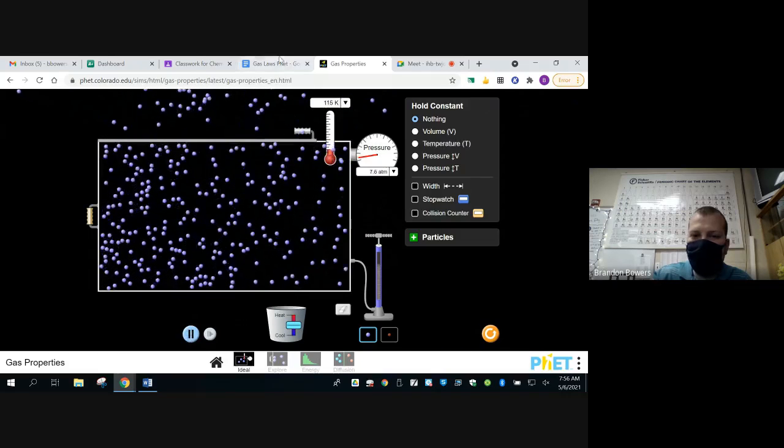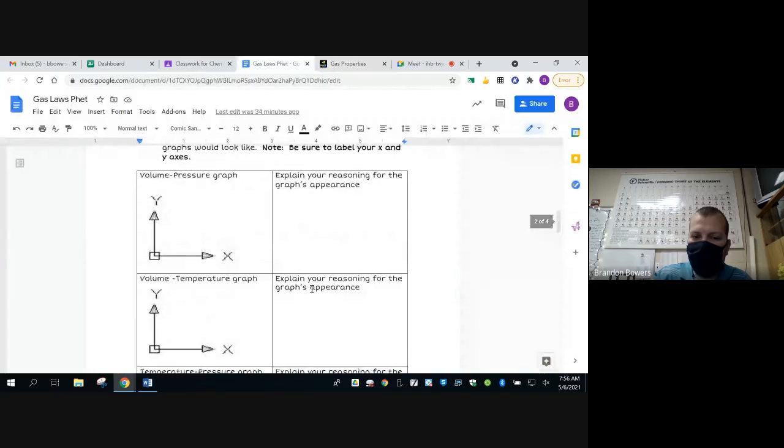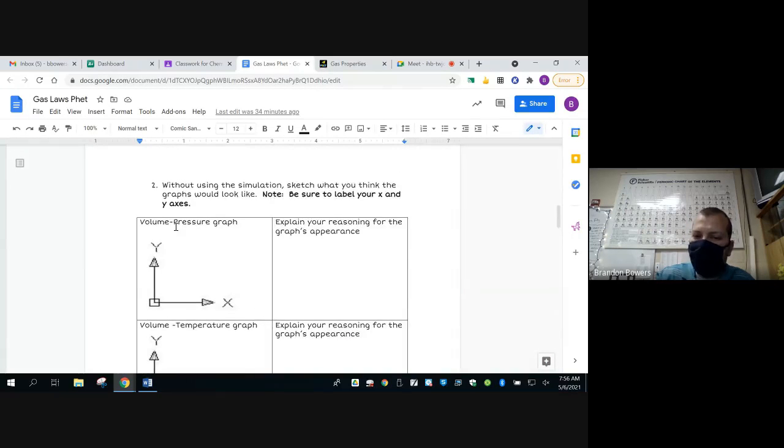All right. And there's a few questions that go along with it. So explain how volume, and it says graph. Explain what a volume pressure graph looks like. But mainly, all I want to hear is, as the volume, let's say, increases, what happens to the pressure?